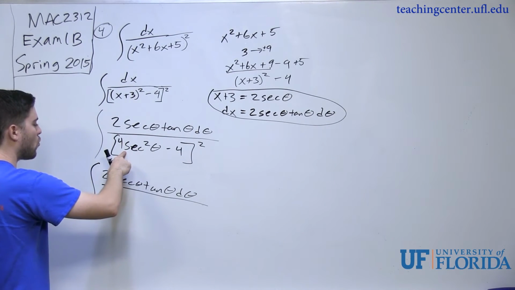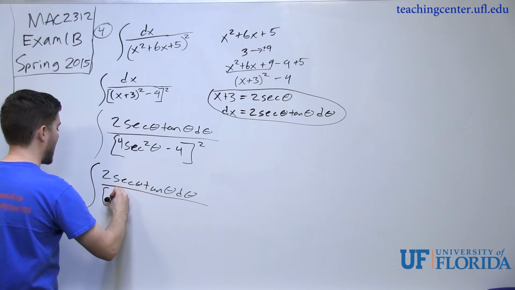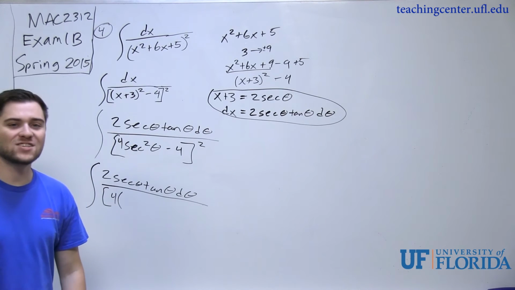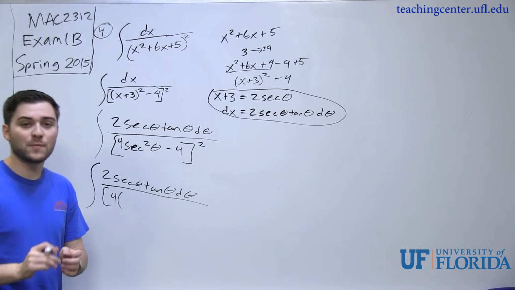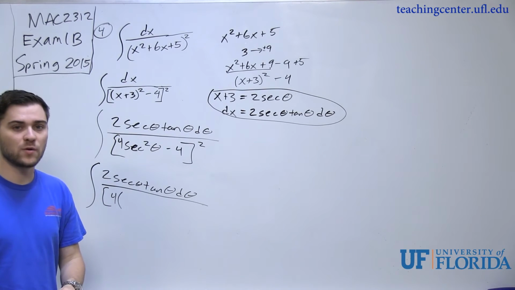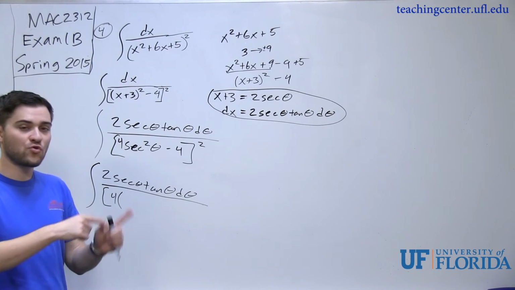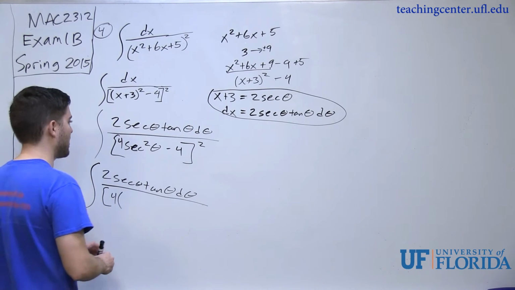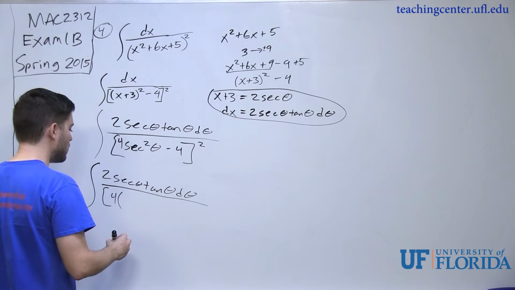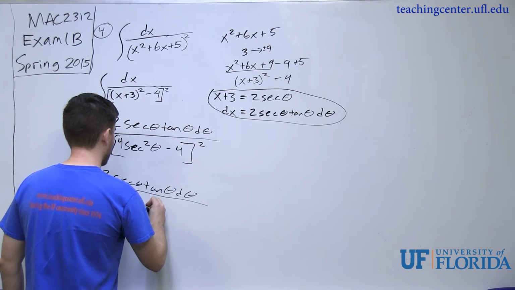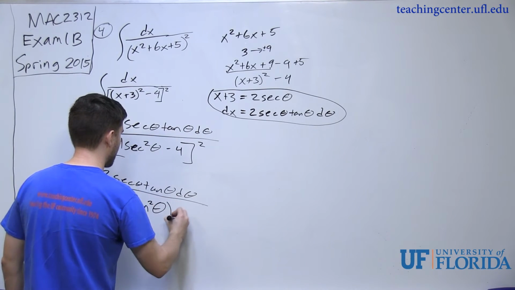I pull a 4 out of both terms and I'm left with secant squared theta minus 1. Now, thinking back to my trig identities, I know that 1 plus tangent squared theta is equal to secant squared theta. So if I subtract the 1 off, secant squared theta minus 1 is just equal to tan squared theta. So this is just going to be tan squared theta.